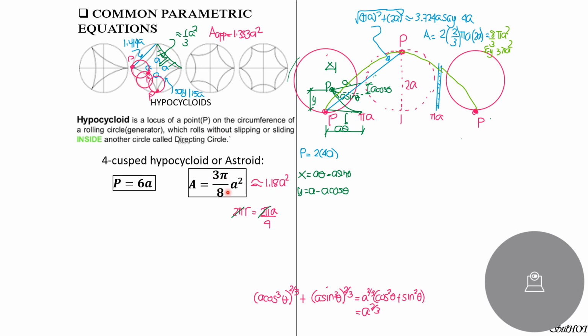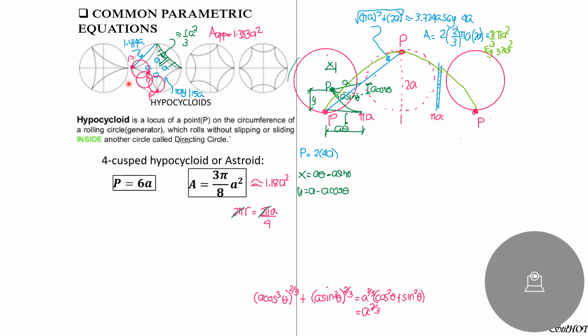If you evaluate 3 pi over 8, that's approximately 1.178 or 1.18a squared, which is lower. It should be lower, compared to treating it as 4 spandrels of a parabola, where the area is 1/3 a squared times 4, 4/3, or 1.333a squared.